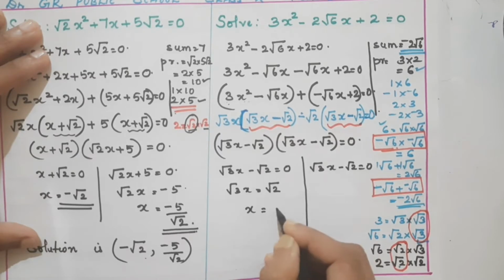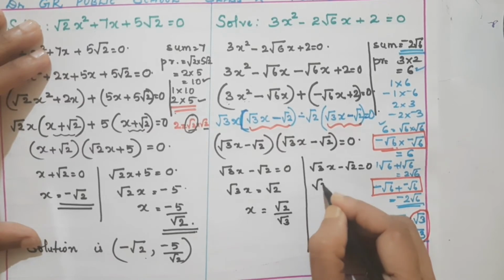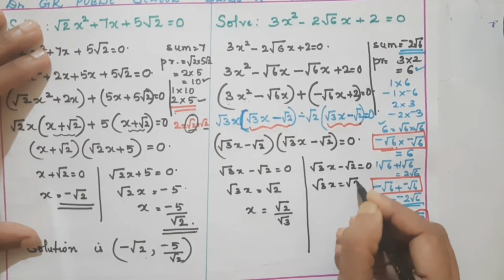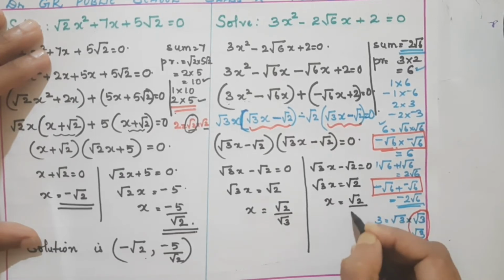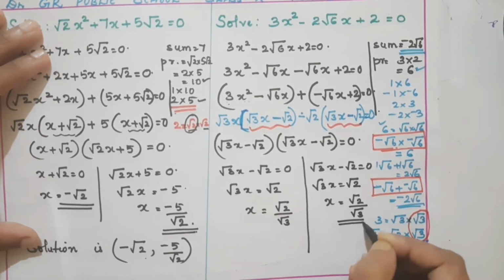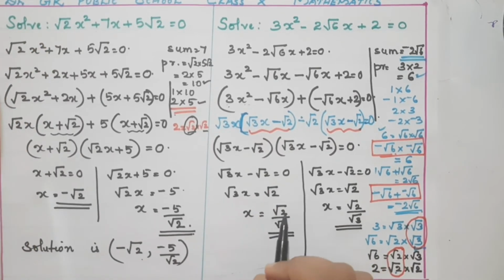X is equal to root 2 by root 3. Here also root 3x is equal to root 2. So x is equal to root 2 by root 3. So we are getting two values and both are same. Okay, both are same values.